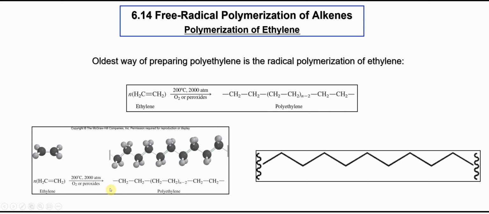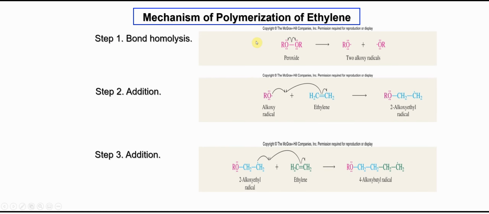Also, you may need peroxide or oxygen as an oxidizing agent. This reaction again is going to go through free radical formation. As we mentioned, your peroxide is going to be subjected to homolytic bond cleavage to form two radicals.